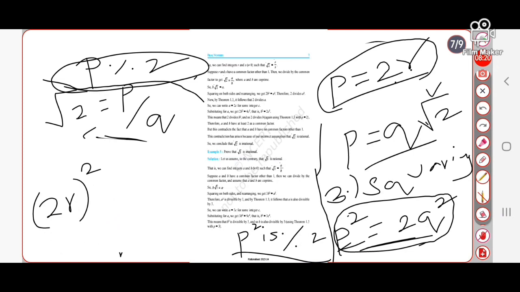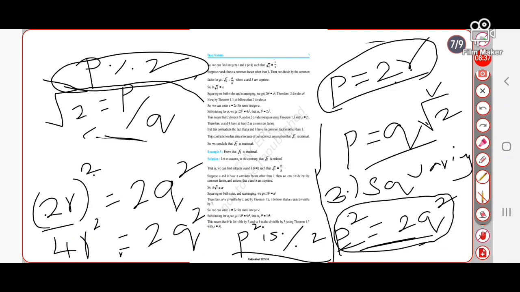So it changes to (2r) whole square, that is equal to 2q square. The (2r) whole square is 4r square, that is equal to 2q square.